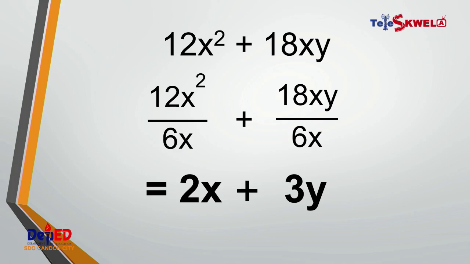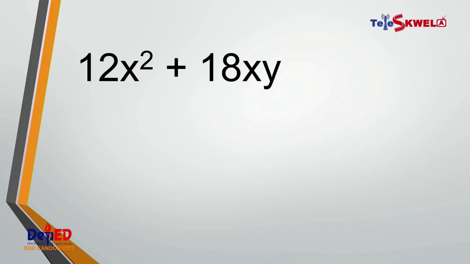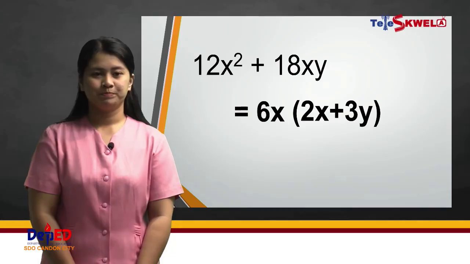So we have now 2x plus 3y as the other factor. Then for the final step, express the polynomial as the product of the two acquired factors. Therefore, the factors of 12x squared plus 18xy is 6x times the quantity 2x plus 3y.